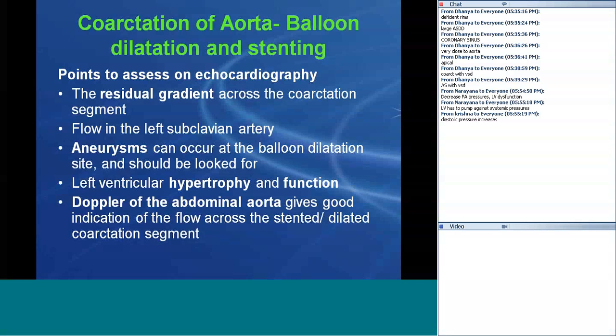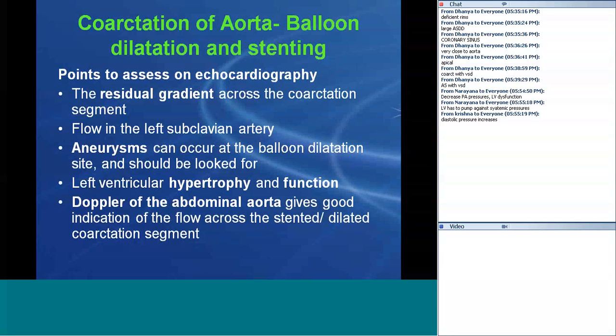There is sometimes possibility that less blood flow might go into the left subclavian artery. So that has to be really looked into, and if that is noted in the cath lab itself, then you might actually cross one of the diamonds of the stent and dilate that so that a good amount of blood flows into the left subclavian artery. So this is a point which needs to be understood.